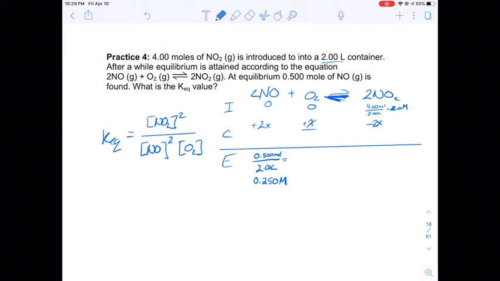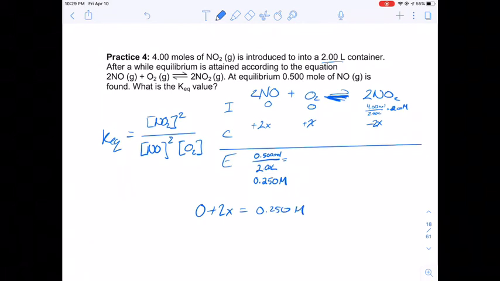So we're going to be adding x to our left side, and we're going to be subtracting x from our right side in the appropriate stoichiometric ratio. If we went from 0 to 0.25, then that tells you what x is. So 0 plus 2x equals 0.250.